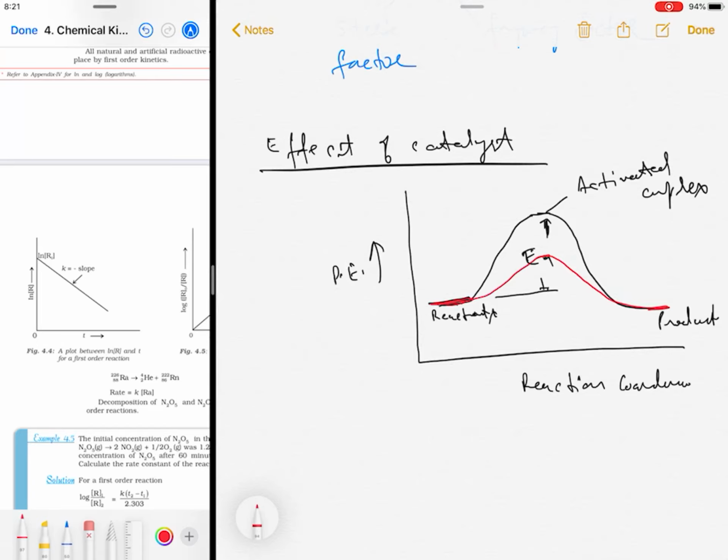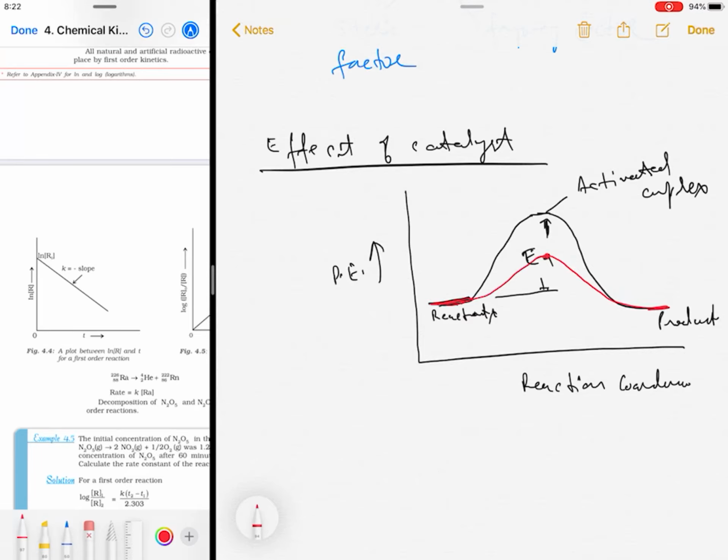But the activated complex is formed at a lower energy, and if we compare the lengths, the path of the reaction is shortened by using the catalyst. So to explain why the catalyst increases the rate of the reaction, there are two factors. First, the activated complex is formed at a lower energy, and second, the path of the reaction is shortened.